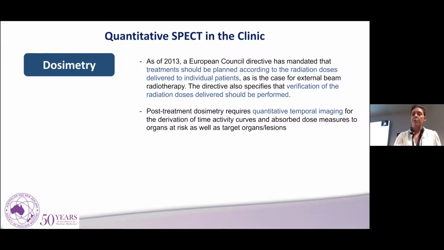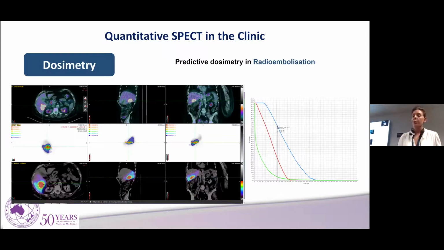In terms of the role of quantitative SPECT CT for predictive dosimetry and treatment planning, the most obvious example would be in radioembolization. As most of you would be aware, we use a MAA SPECT CT and whole body study usually to look at the arteriovenous shunting.